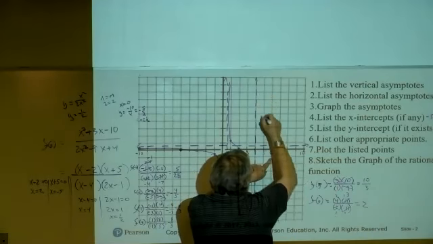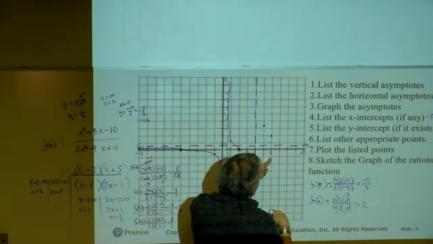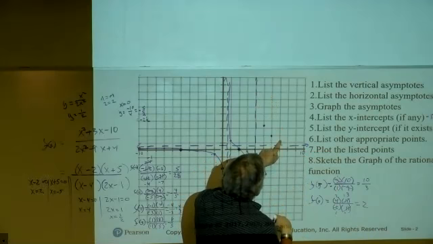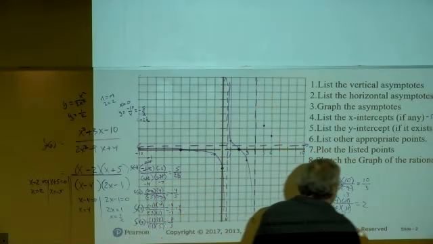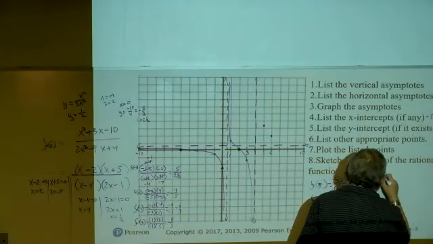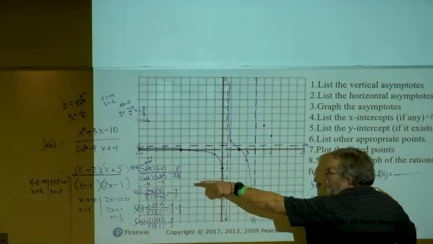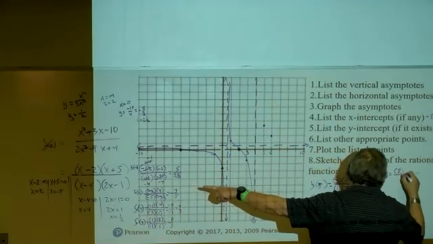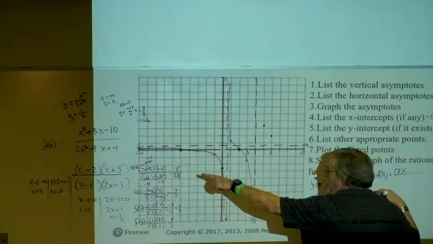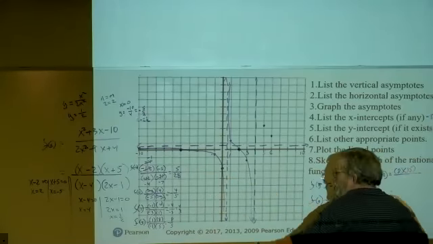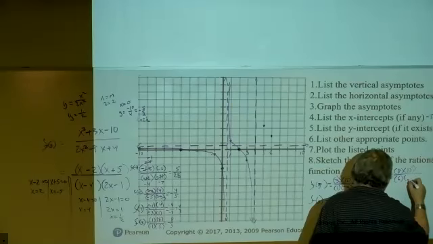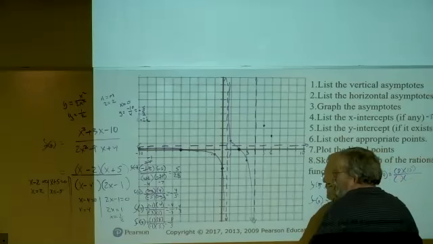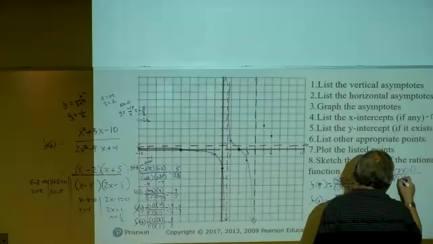So it's gonna have a pretty leisurely curve here. I bet at 7 is probably gonna be right about here somewhere. But I'm gonna go ahead and do f of 10. So we have 10 minus 2, which is 8. 10 plus 5 is 15. Divided by 10 minus 4 is 6.